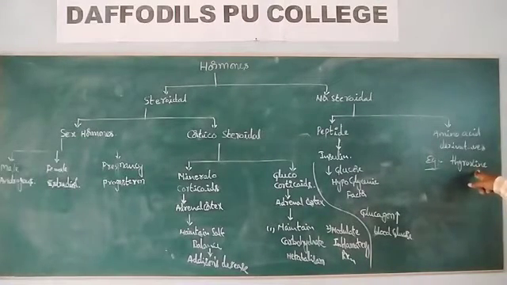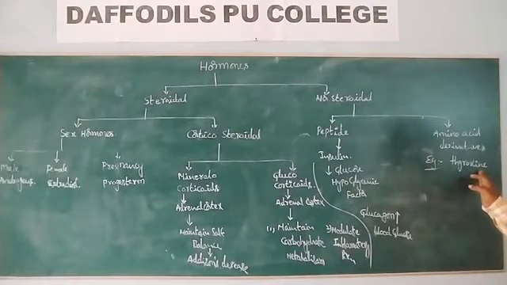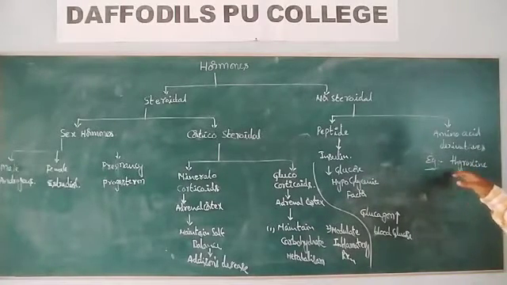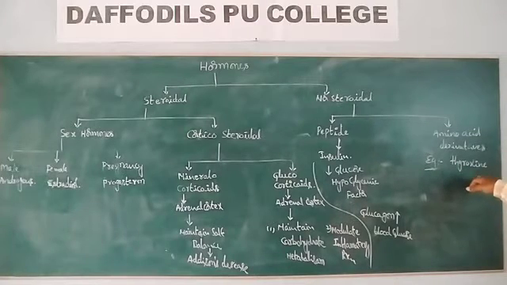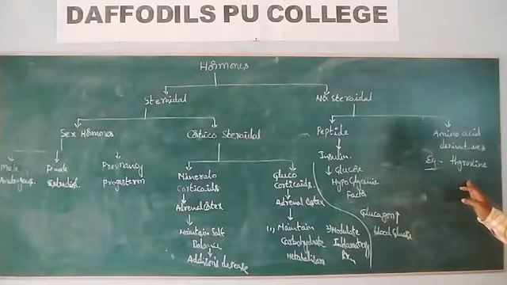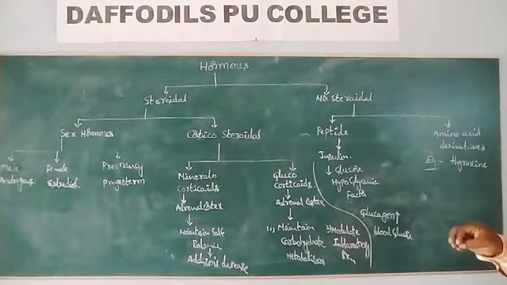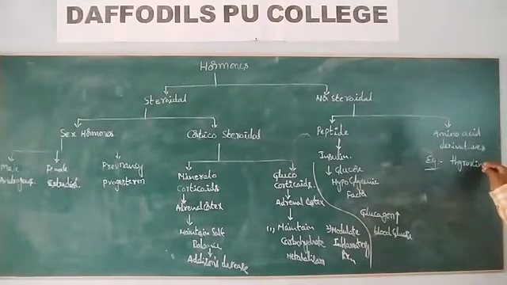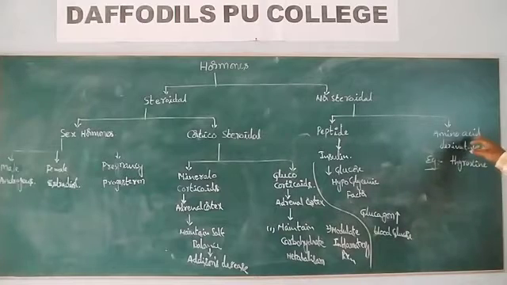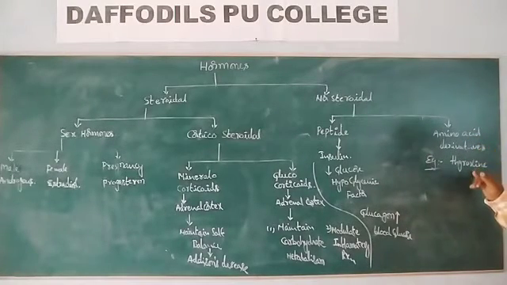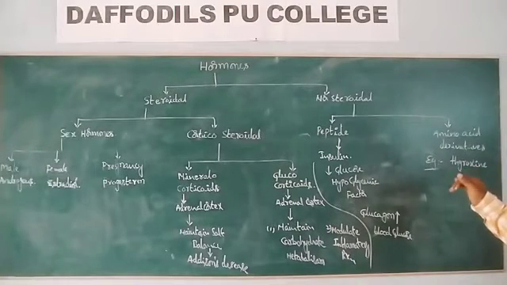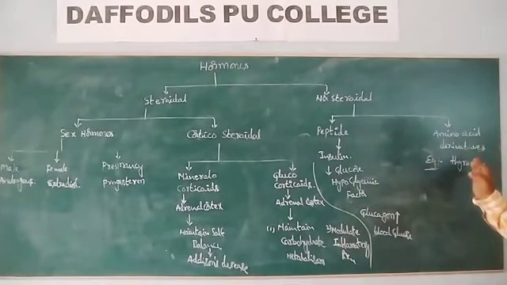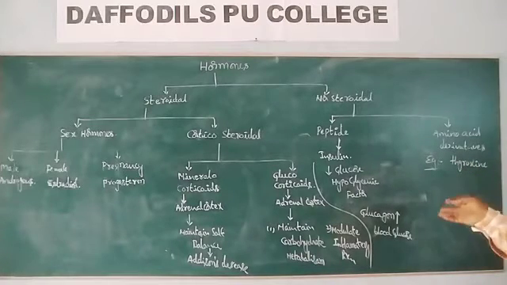Thyroxine is a derivative of the amino acid thyronine. When thyronine undergoes a few modifications, it changes into the thyroxine hormone.